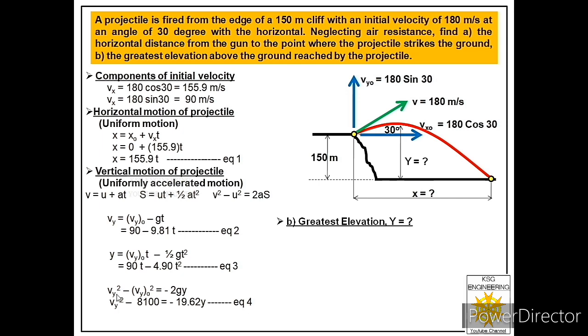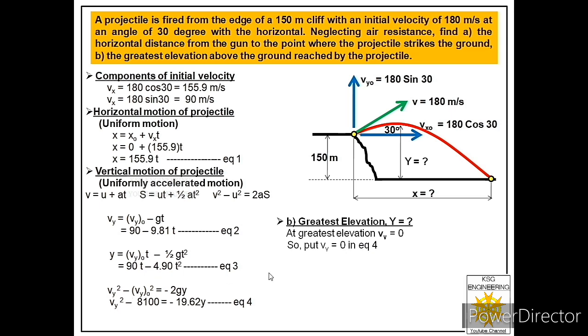So these equations will help us to find that distance. So let us use equation number 4. So we will say that at greatest elevation, the final velocity of the particle or the projectile will be 0. So we will say at greatest elevation, Vy will be equal to 0. So we'll put value of Vy equal to 0 in equation number 4.